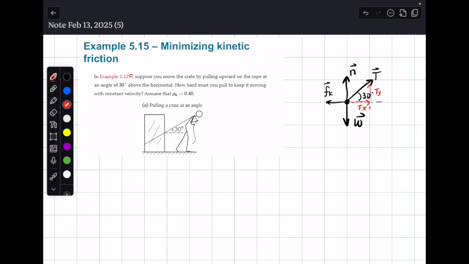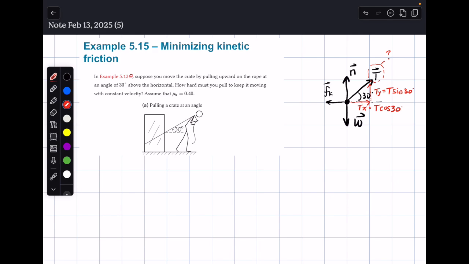It's going to be magnitude of that pull, cosine 30. And then for the y component, magnitude of the pull, sine 30. Okay, and they're both positive. So we don't know the pull. We're trying to find the pull, right? We're trying to find T.